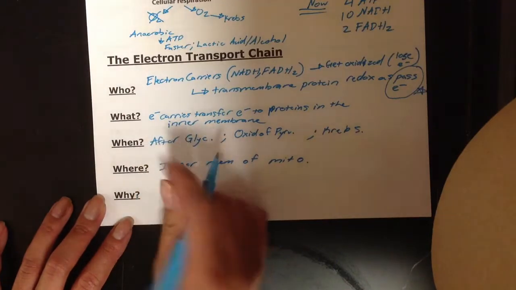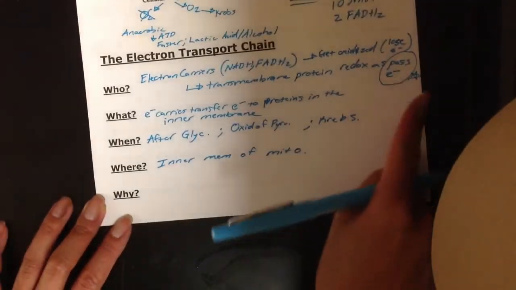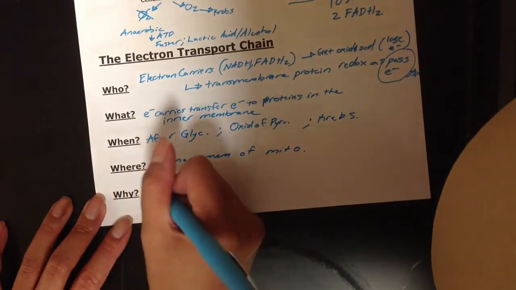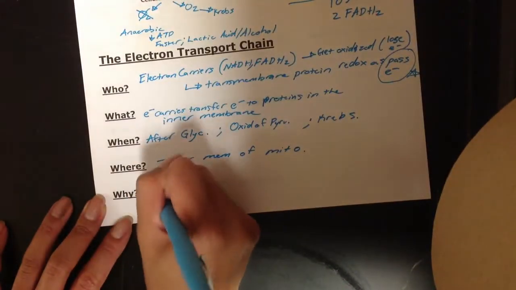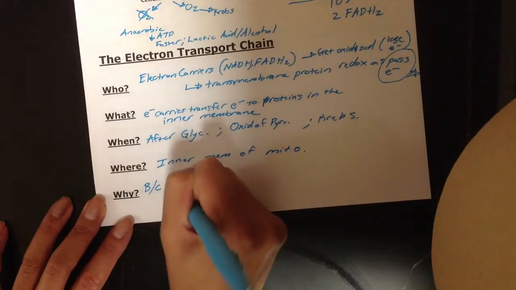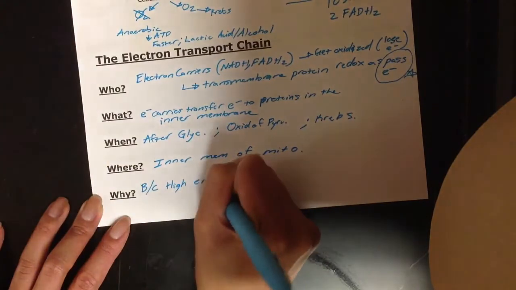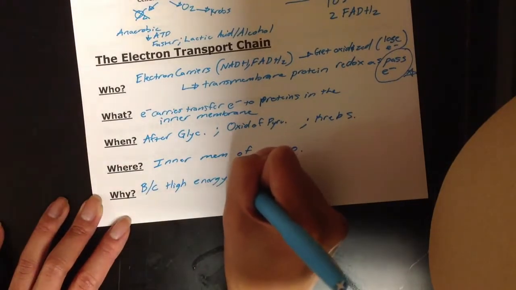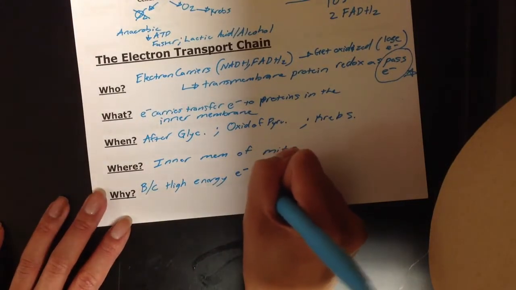And why does this occur? The electron transport chain, this passing of electrons through different proteins in the membrane, is going to occur because of the high energy of the electrons.